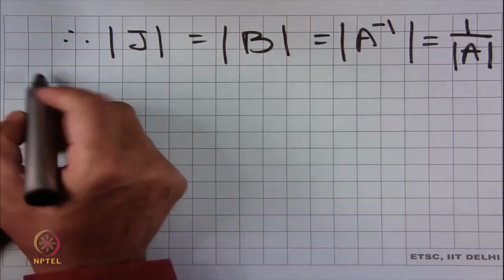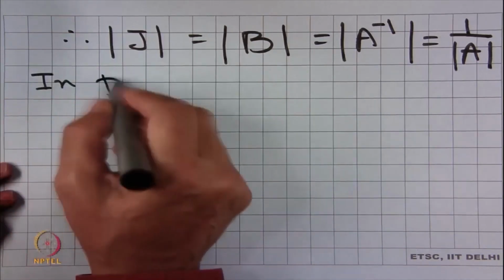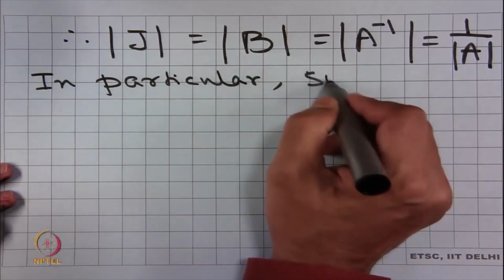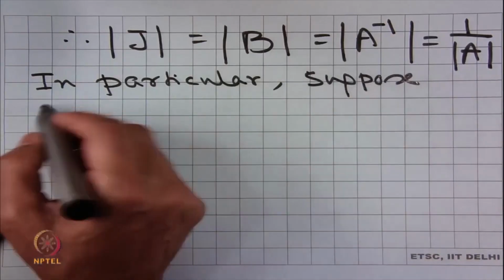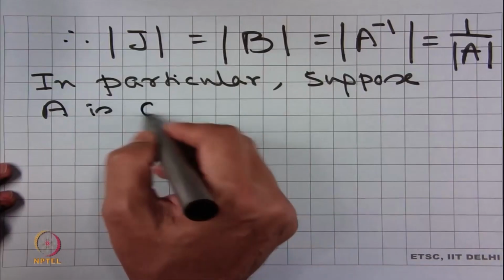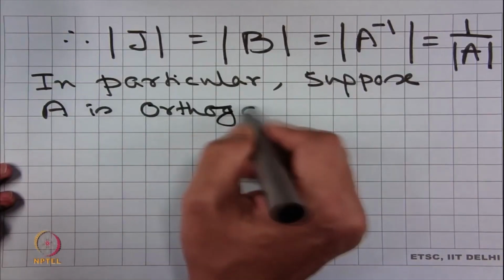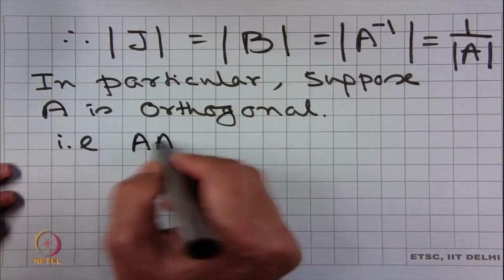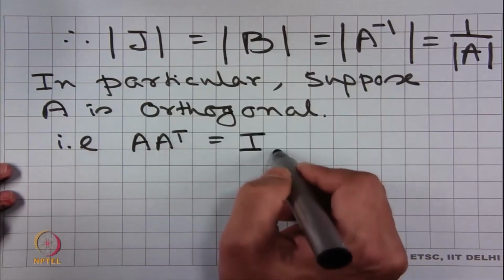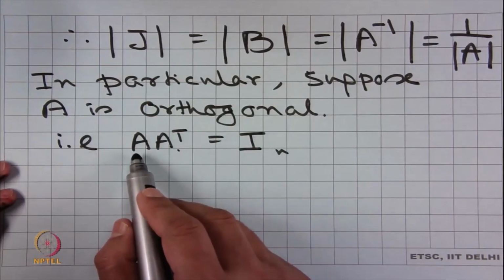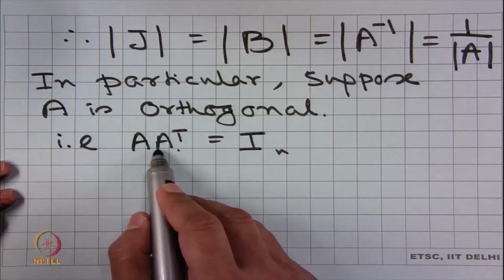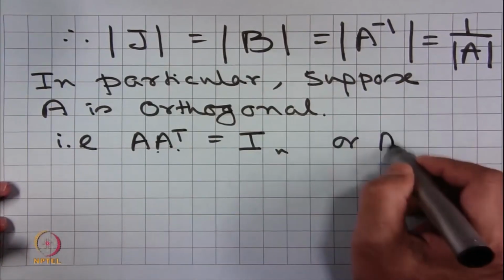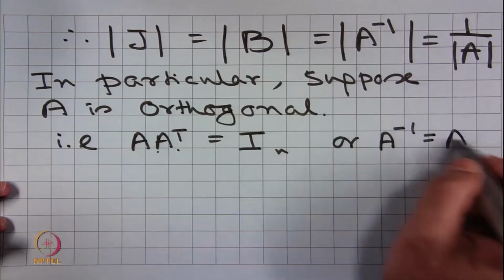Now, in particular, suppose A is orthogonal, that is, A transpose A is equal to I. A is an n cross n orthogonal matrix. Therefore, A transpose is equal to A inverse.